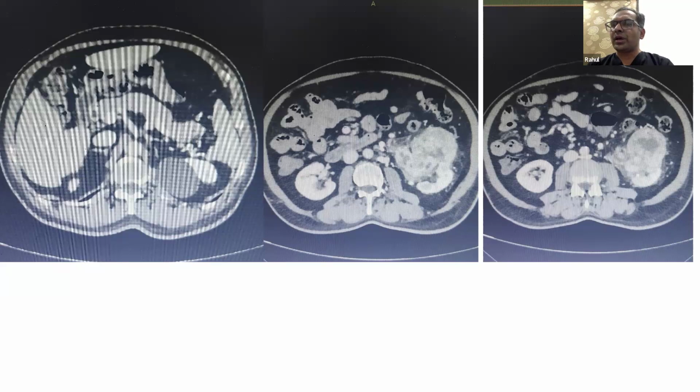Perirenal fat appears normal, and the medial aspect also shows some heterogeneous lesion, most probably, sir, it may go into the vessels. Then, sir, there is no obvious lymphadenopathy seen.